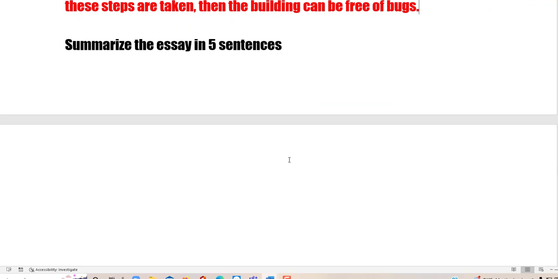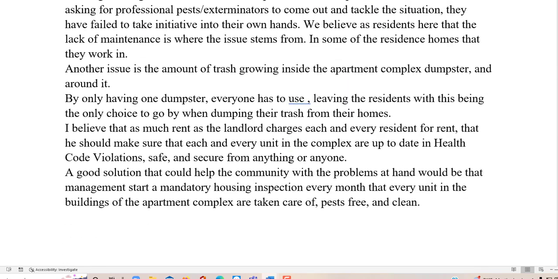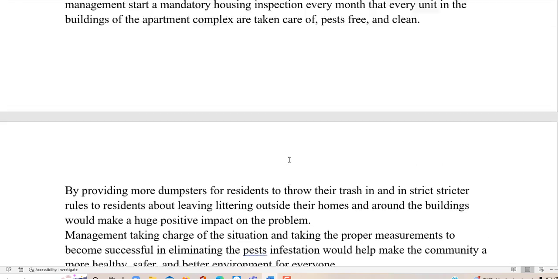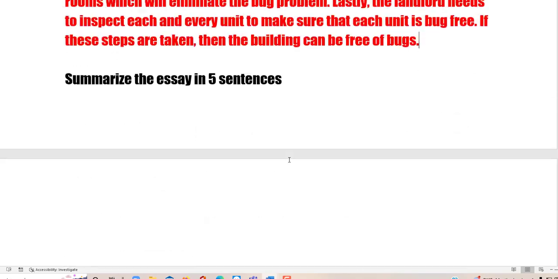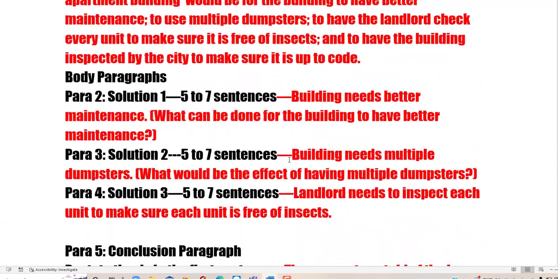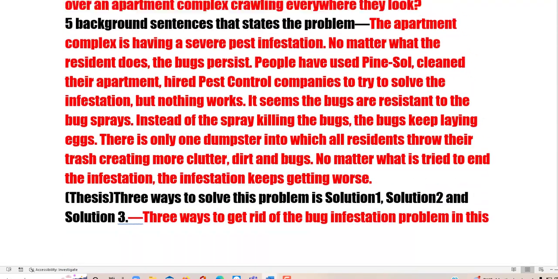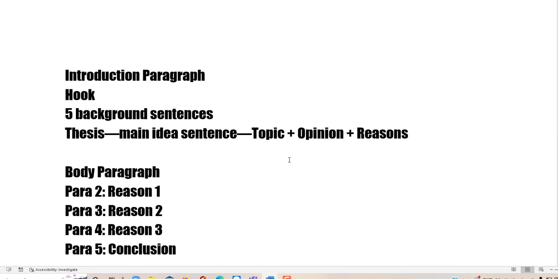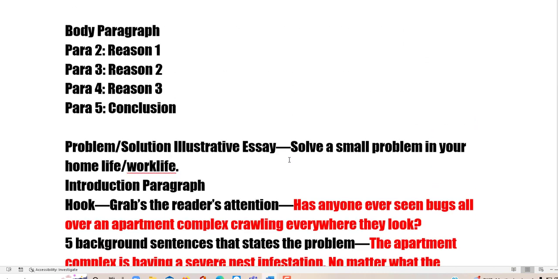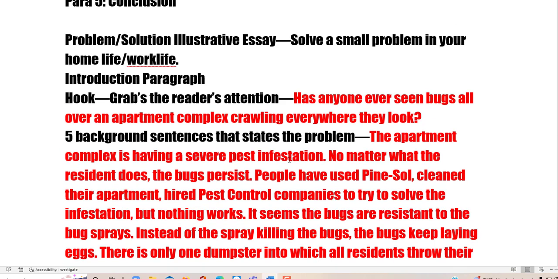This is the way you would rewrite this essay so that it has a good 5-paragraph essay structure. If you have any questions about how to write a problem solution illustrative essay, this is essay 1 of your English 101. And this could be any problem.